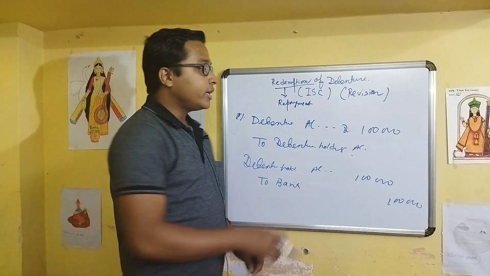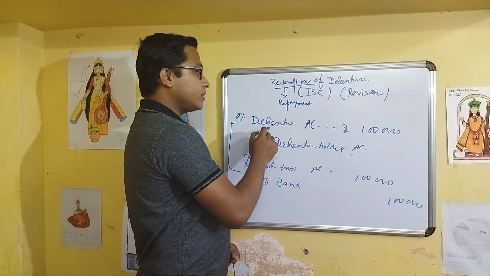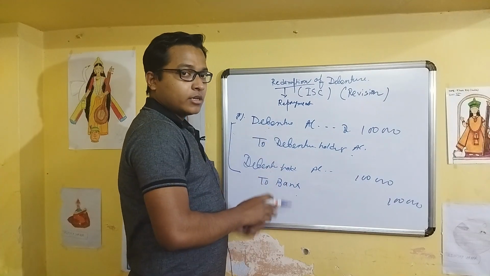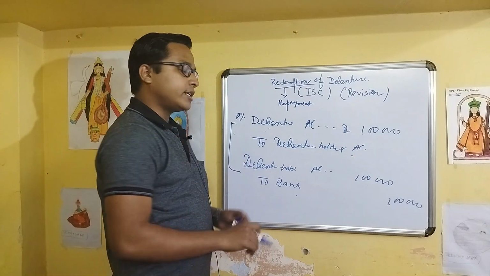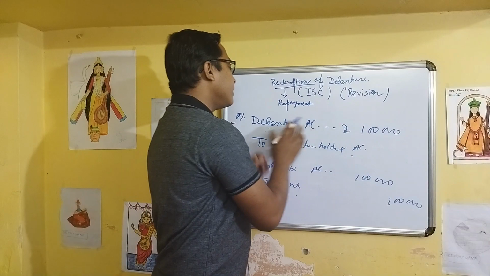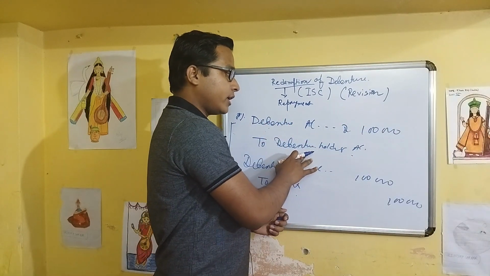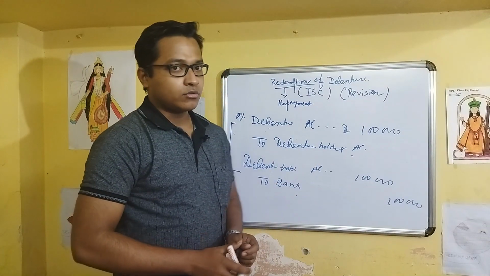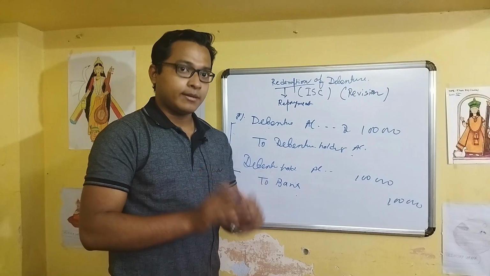Again I am telling you, in case of BCom, this journal entry is made as one journal, that is, debenture account debit to bank. But please don't do this, make two separate entries, because at the time of redemption the accountant makes the entire amount of debenture credited to the debenture holder, because all the amount of debenture is not paid entirely on the same date.